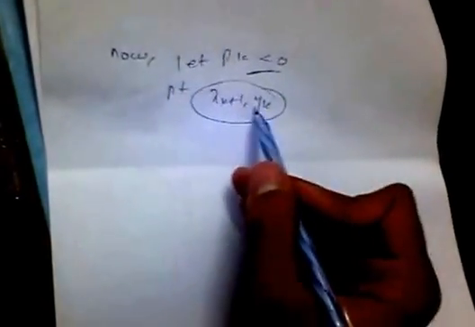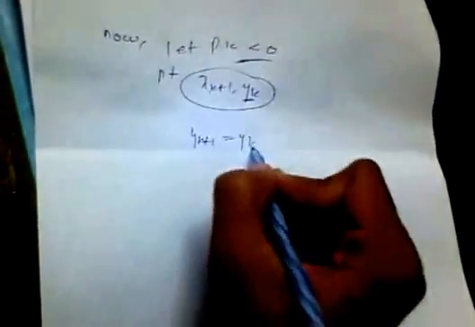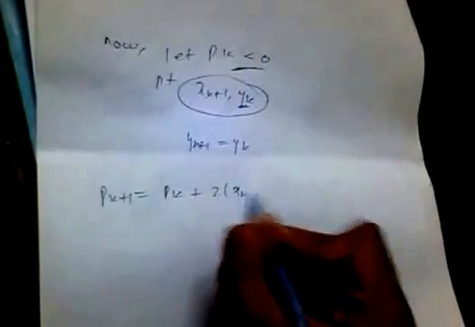Now yk plus 1 will be yk, and this whole term will be 0. Similarly this whole term will be 0. Hence in this case pk plus 1 will be pk plus 2xk plus 1 plus 1. That's the result for pk less than 0.